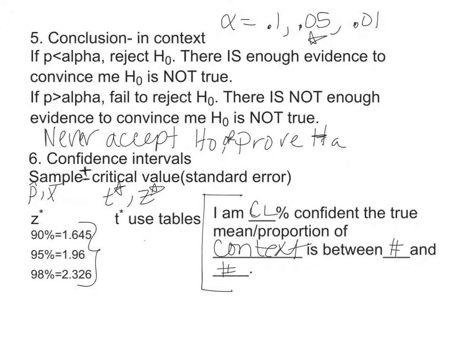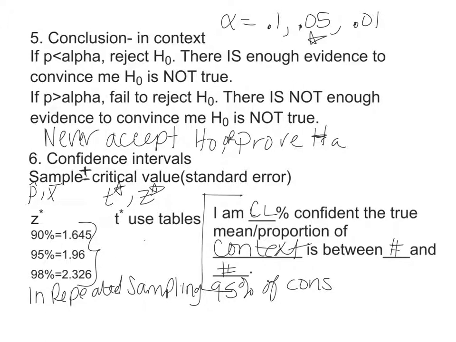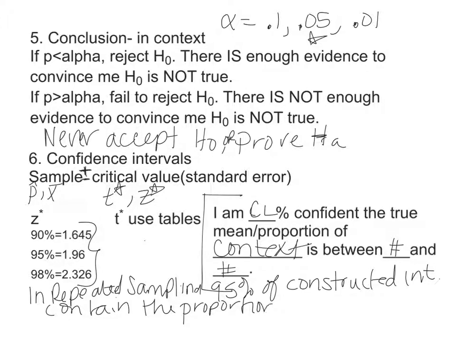And then there's the other statement: what does 95% confidence mean? That's your repeated sampling statement. 95% of constructed intervals contain the true proportion or mean of whatever we're talking about, and that's your context.